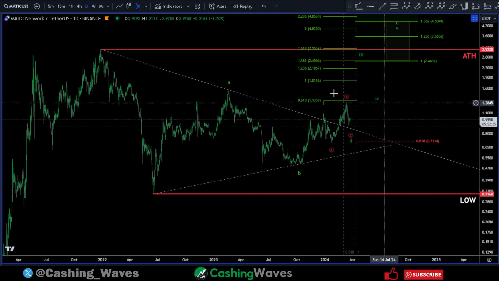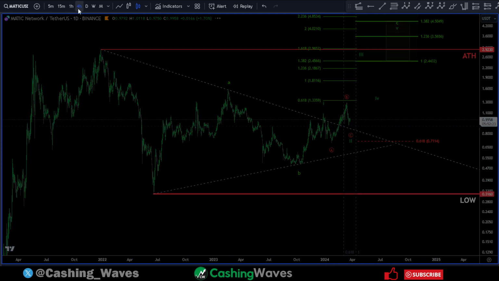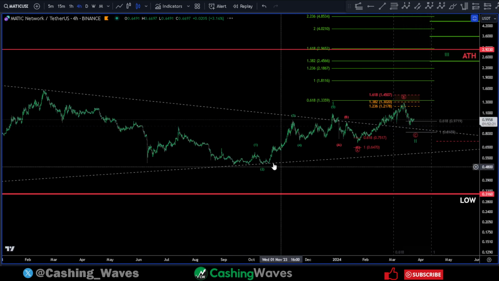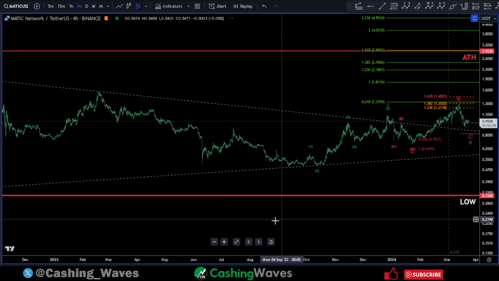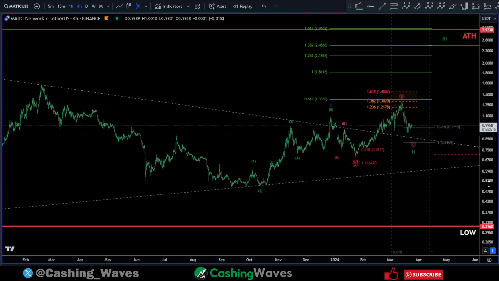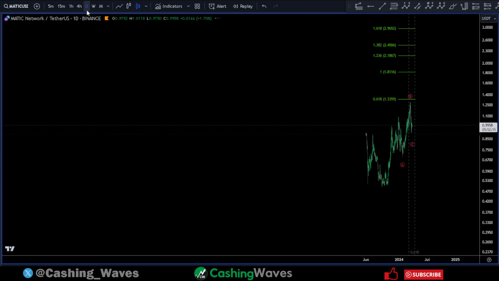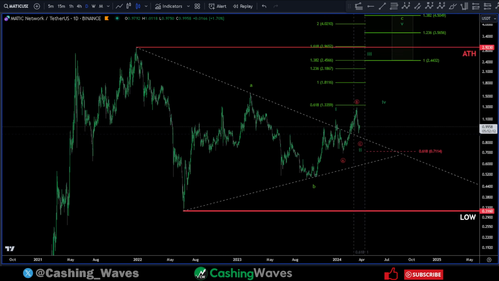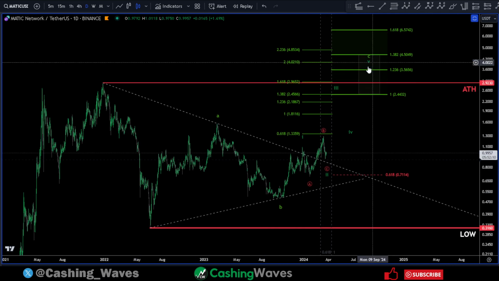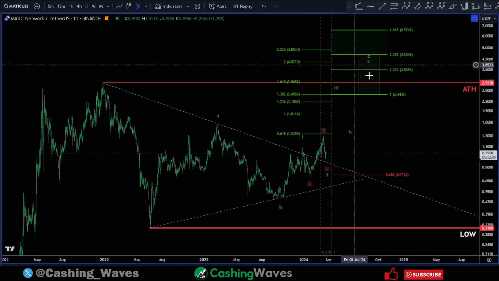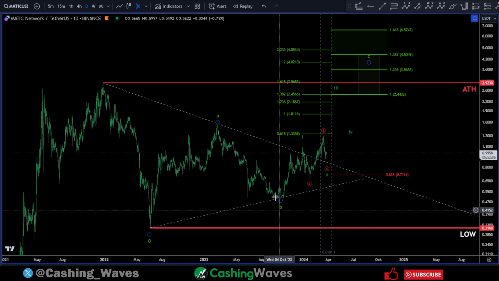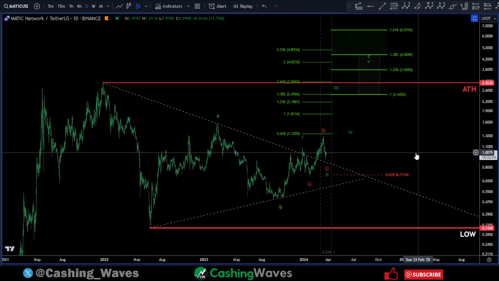Okay, so we'll zoom into this area here. What we're looking for here is an ABC to the upside in this bullish sequence as a 5-wave move for a C wave where we get a 3, 3, 5.